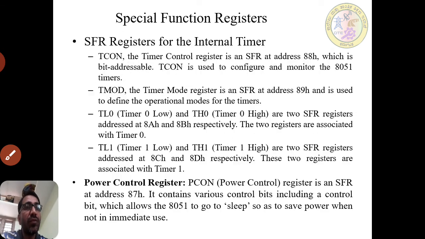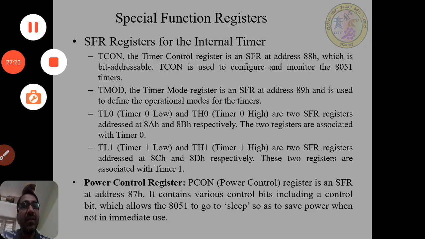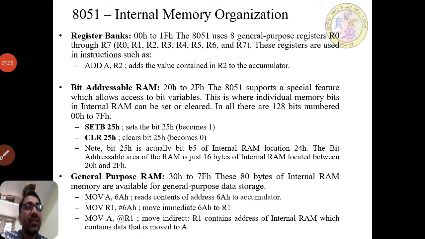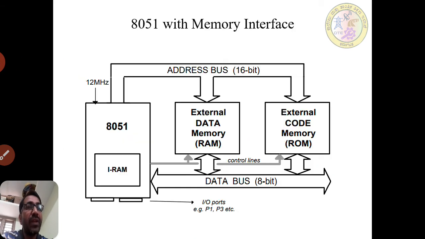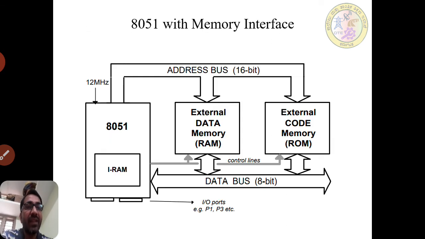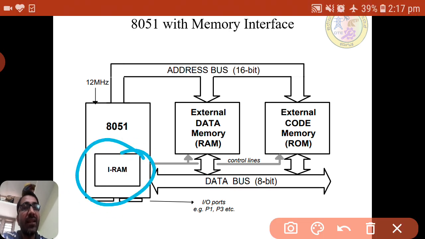Now, in this session we have seen how to interface the microcontroller with memory, that is, with the address bus, data bus and control lines. As we know, it has the capability to interface with 64K RAM and 64K ROM, and in addition it has internal memory.